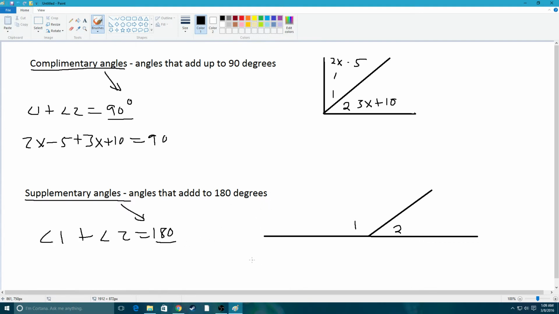You better say 90. So 90 comes first. And what letter comes first in the alphabet? The letter C or the letter S? Well, C comes first, so the 90 degrees is complementary. And the 180 comes second, so that means that's the supplementary one. Okay, so that's how you know.